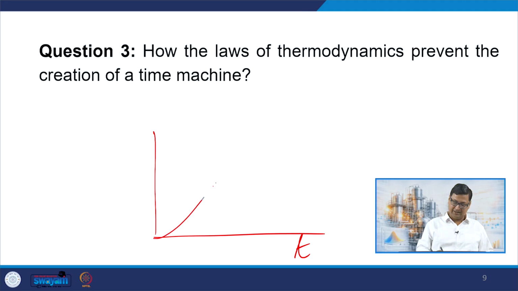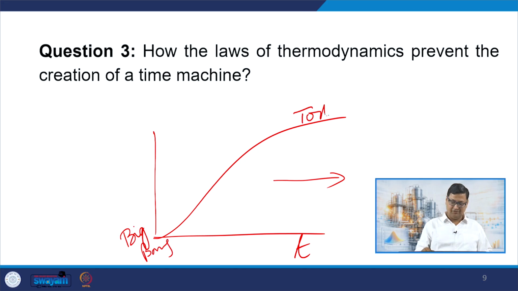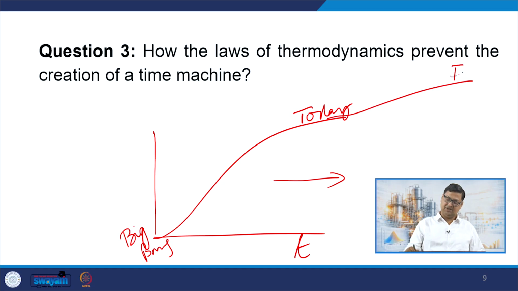So, you can imagine that if you look at the time axis from the Big Bang, the entropy has been increasing. We were in the lowest entropy state when the Big Bang happened, today we are in a higher entropy state, and in the future we are going to be in a state of even higher entropy, and so on.